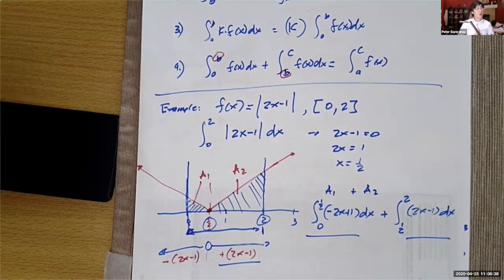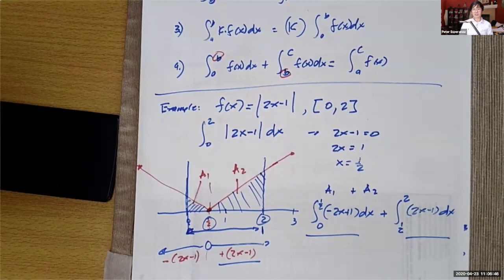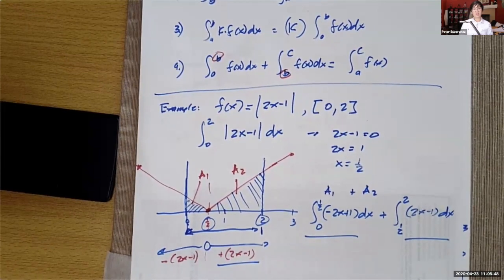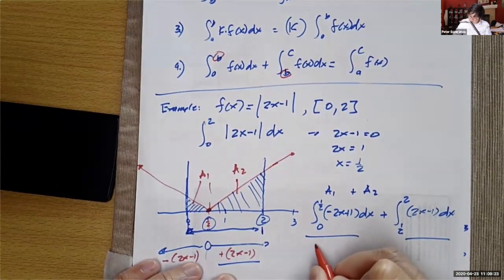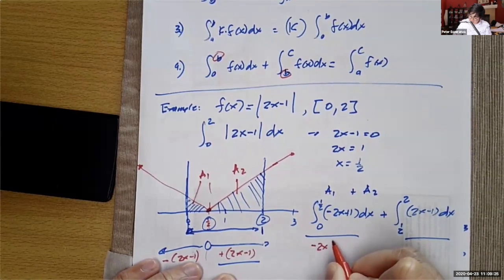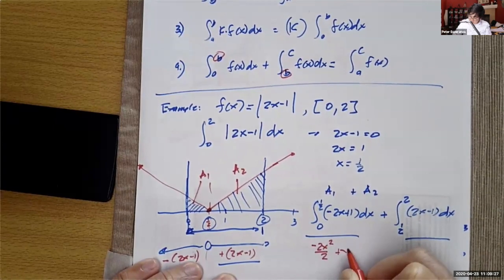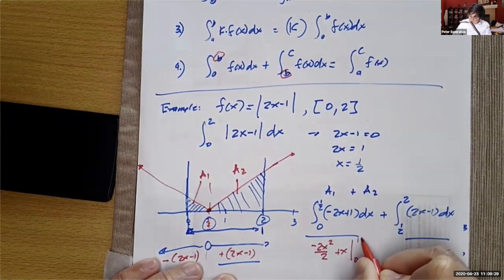Okay, now that I set up my function, can you please find your integral for the little triangle and for the bigger triangle? This will turn into negative 2x squared all over 2 plus x, evaluated from 0 to 1/2.